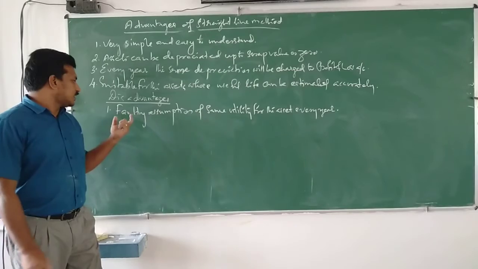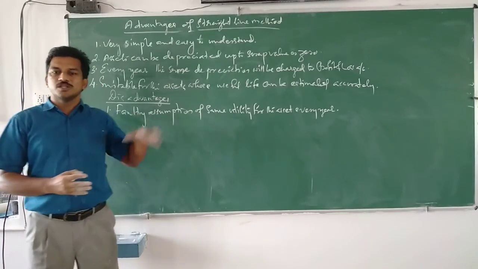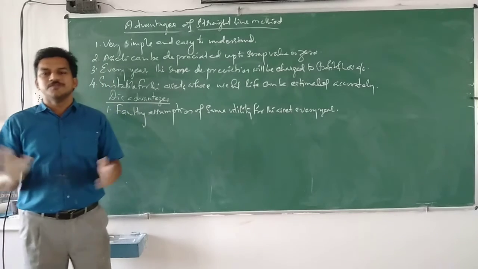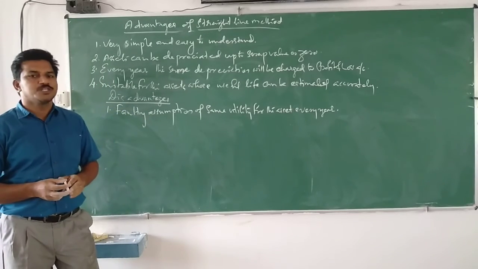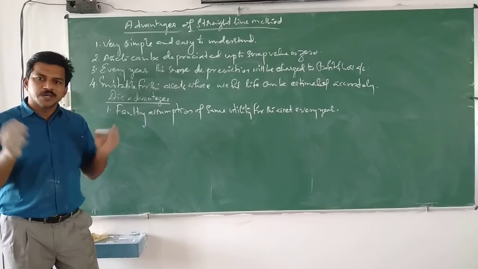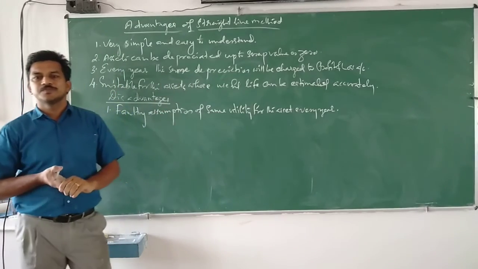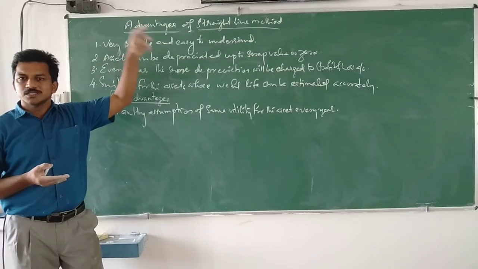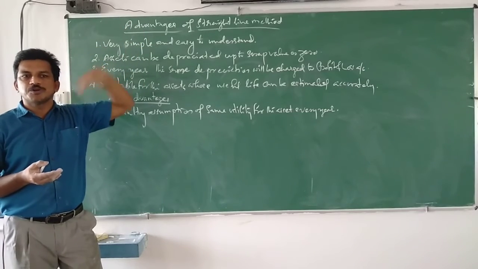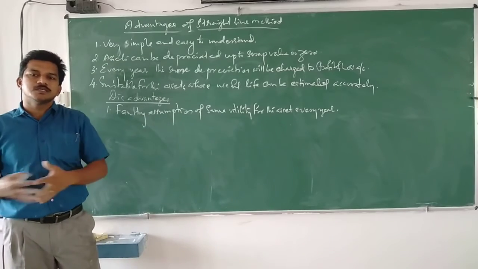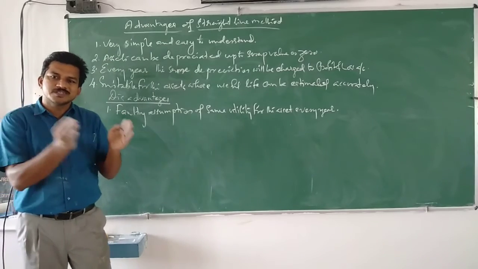This method says that the asset will have the same utility every year. Is it right? Same capacity will be there every year for the assets? In the initial years, the capacity and efficiency of the asset will be more. In the last years, the capacity of the asset may decrease.